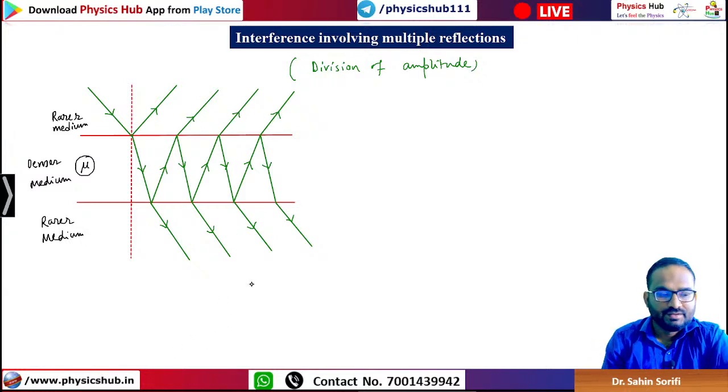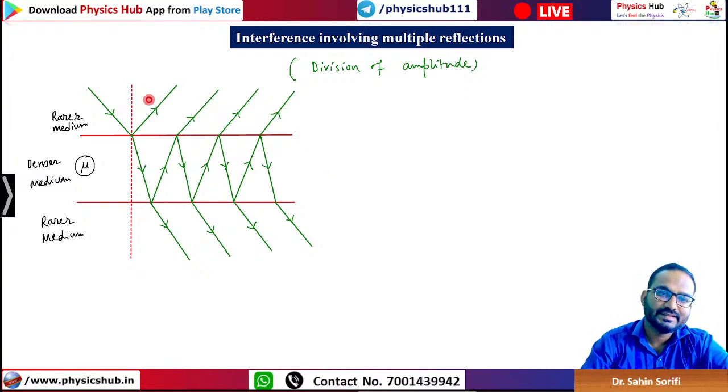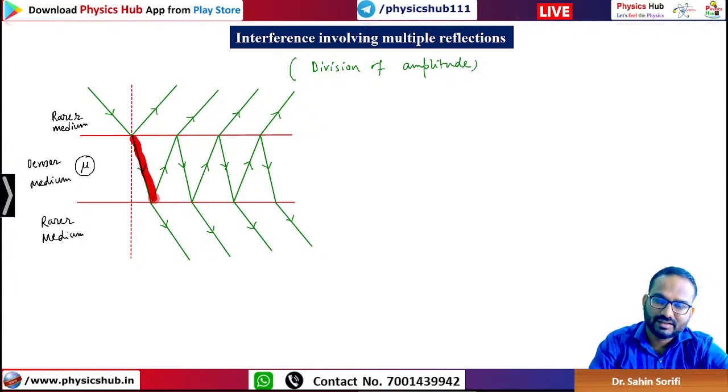Now just imagine this light ray is going in this direction, so the maximum proportion has been reflected. Let's say if 50% is reflected, the remaining proportion is refracted, and some portion is transmitted, some portion reflected, and then it goes on.